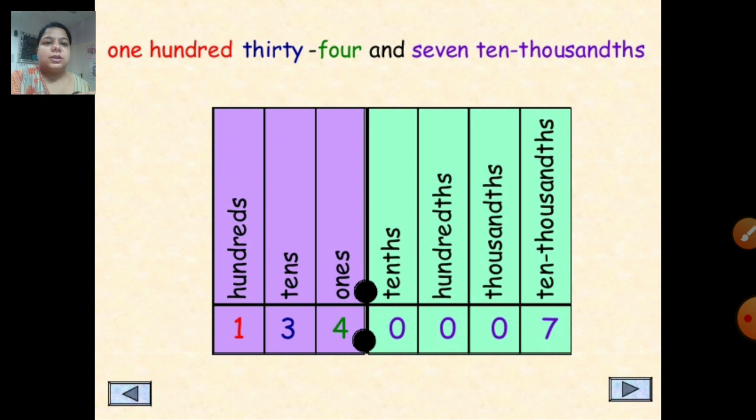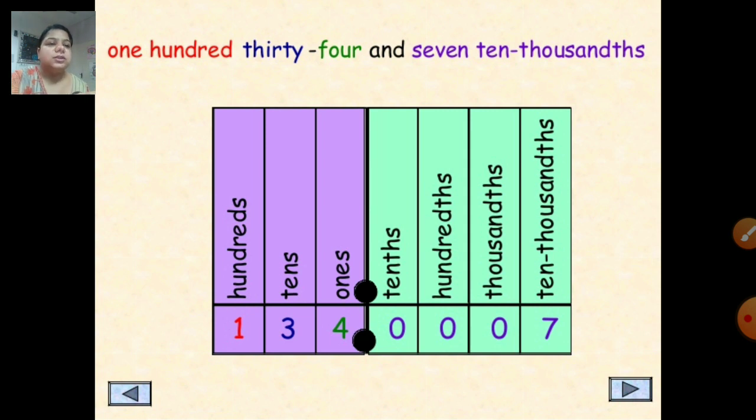Now if you need to write down 134 and 7 ten-thousandths, just see, I have written 134. This is the whole part, right? So 1 hundred, 3 tens, and 4 ones are here. After the decimal we have places tenths, hundredths, thousandths, ten-thousandths. So just check in the number.